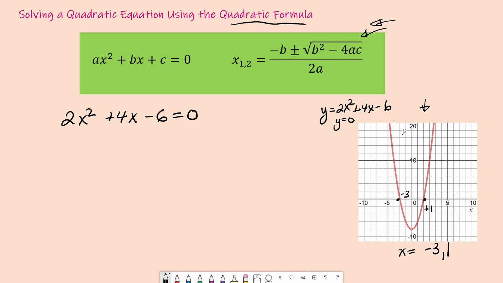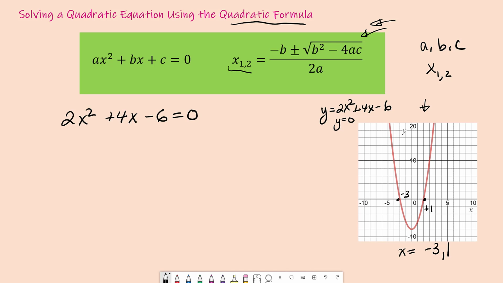The graphic method is tedious, so really using the quadratic formula is a better plan, and we just have to learn how to use it. So you see in this formula that we have the letters A, B, C, and then we have something called x1, 2, subscript 1 and 2. So let's explain each element.